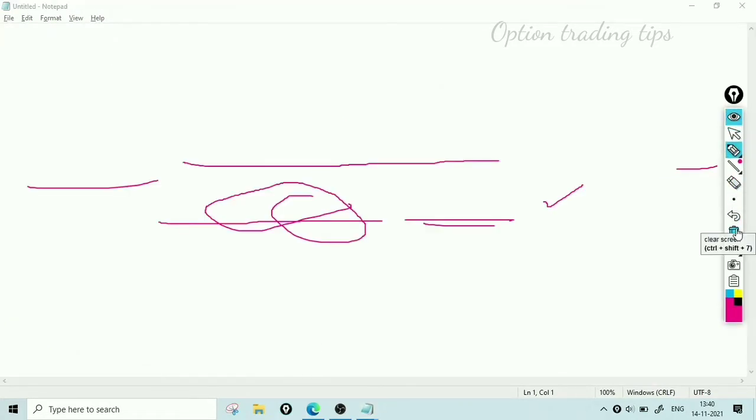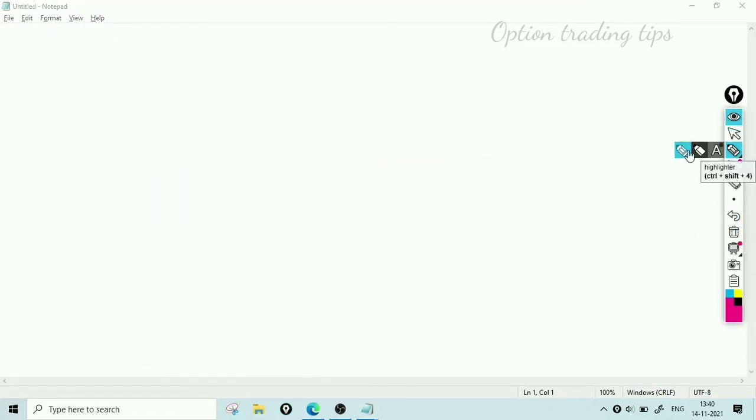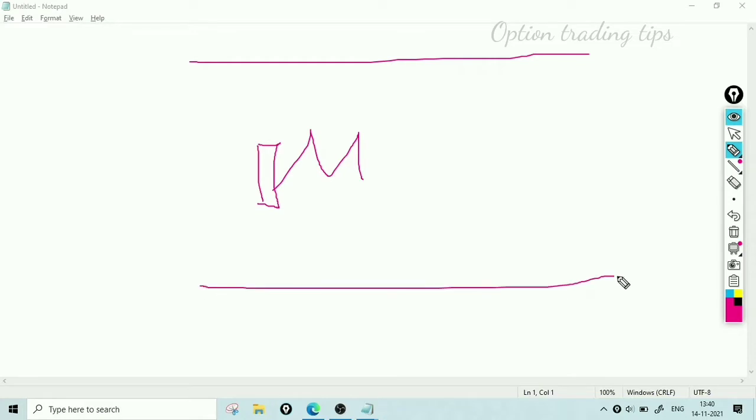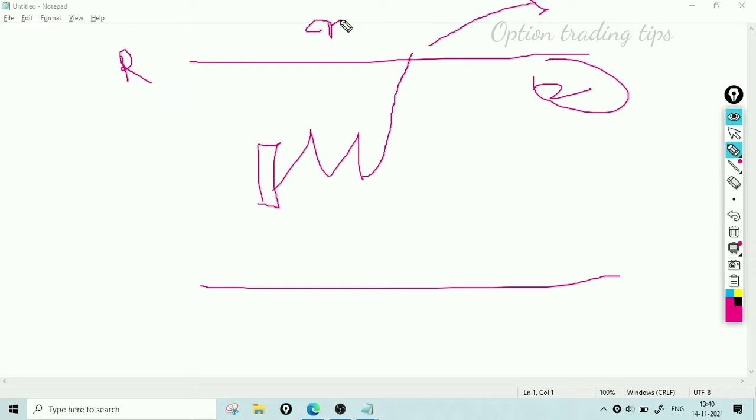What I am saying: this is the candle, the market moving like this. There is a resistance and this is the support. When the market moves up and touches this resistance line, there are two probabilities. One is if it breaks the line and goes upside, it is called breakout. Based on that, we will enter a call option. If the buyers are active, the breakout will definitely happen.